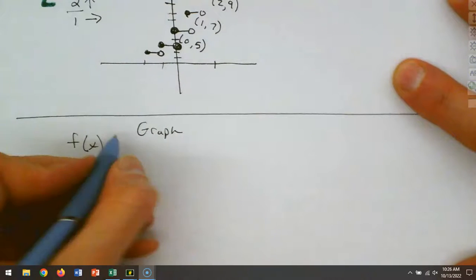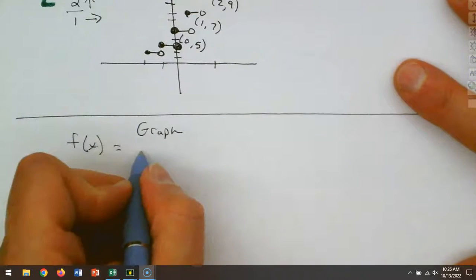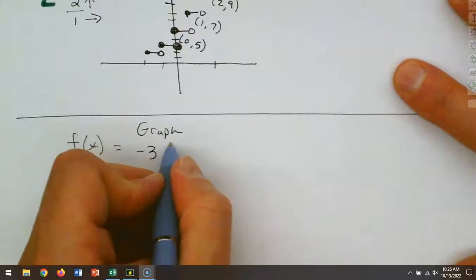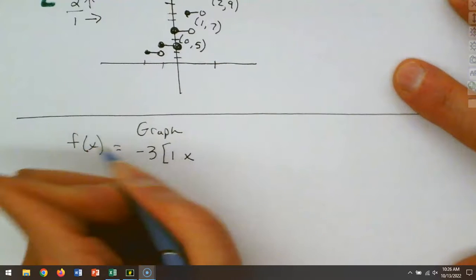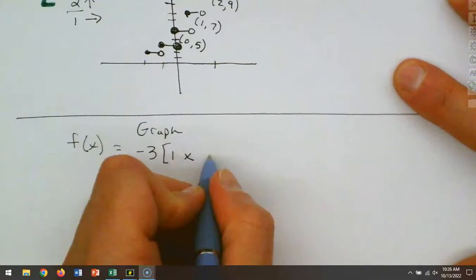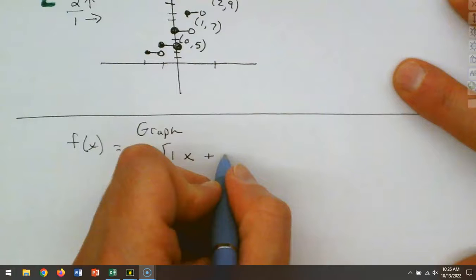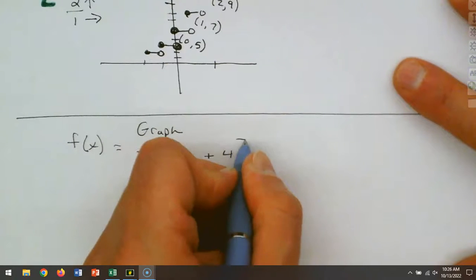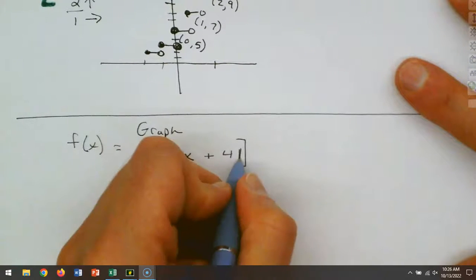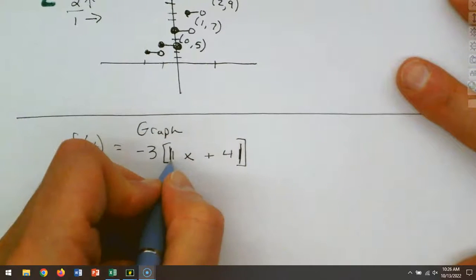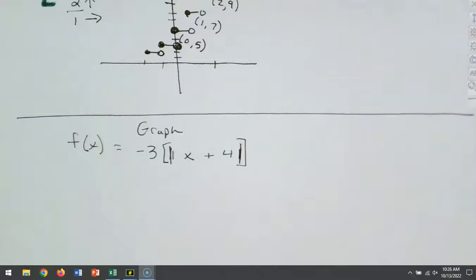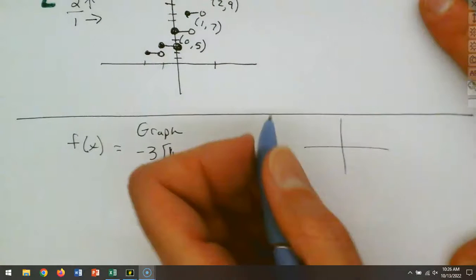Let's try and graph minus 3 times the greatest integer of x plus 4. Okay, so first off, graph looks like a case of stairs.